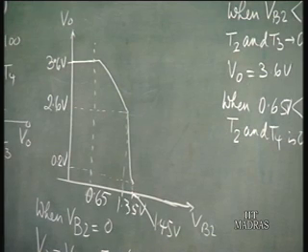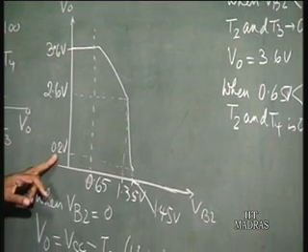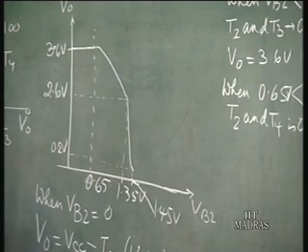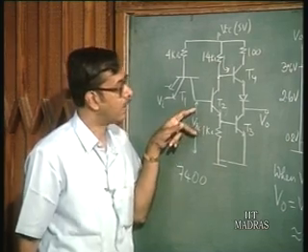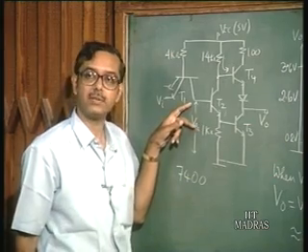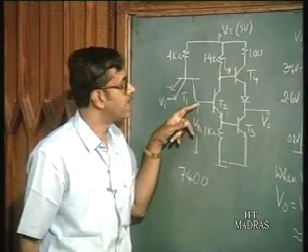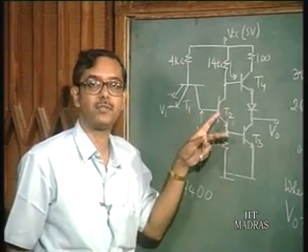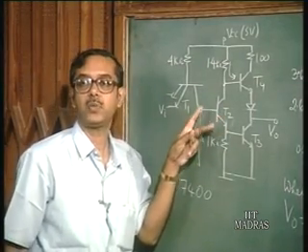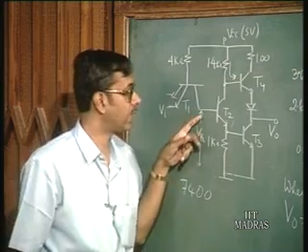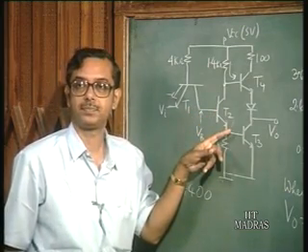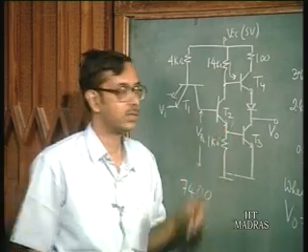And now of course if you go on increasing VB2 even further, at 1.5 volts, if you assume that 0.75 volts is the base emitter voltage at which the transistor goes to saturation, T2 also goes to saturation.